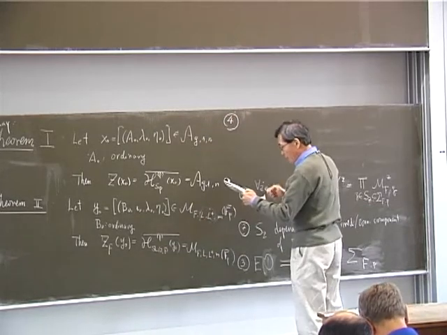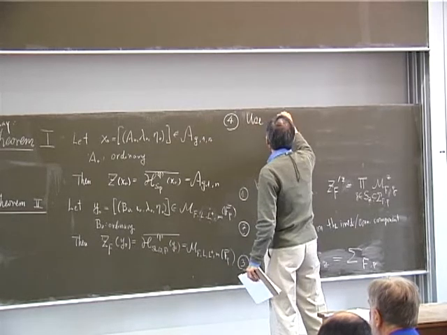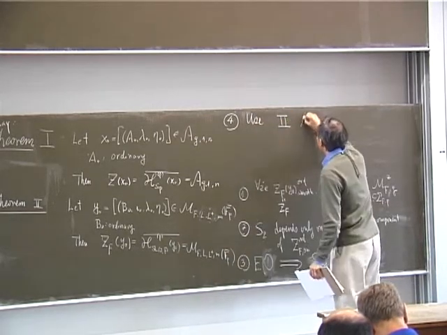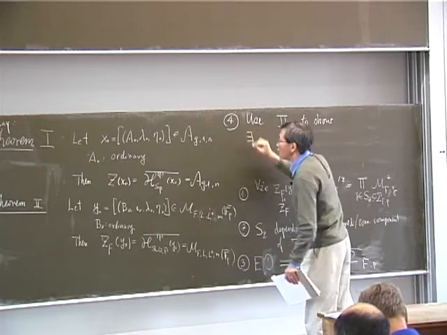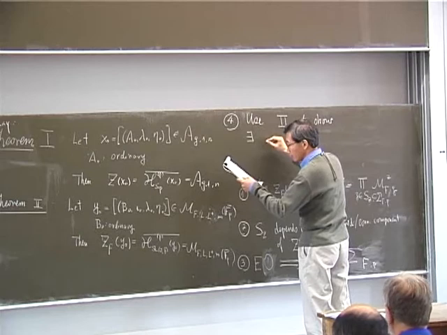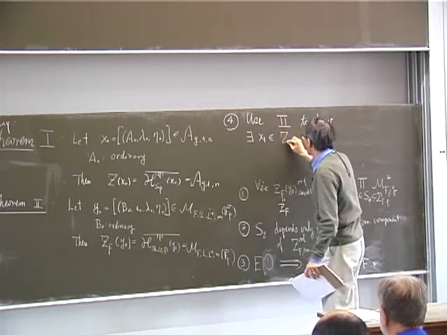And the 4th step is that we will use theorem 2 to show that there exists a point, x1, in the Zariski closure of this given Hecke orbit.